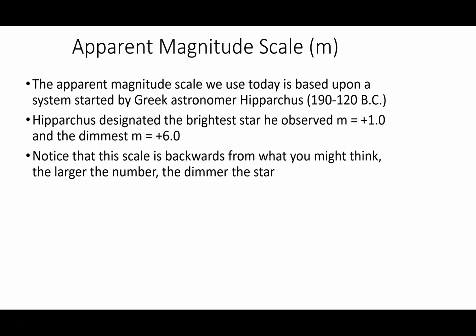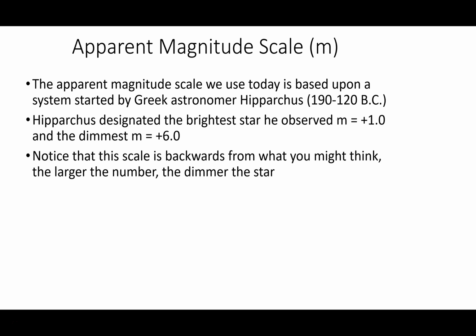This is dim, very dim, and this is very bright. And actually 0 is pretty darn bright too. But do you see the problem here? The more positive it is, the dimmer it is.